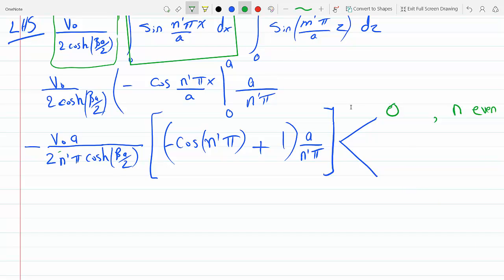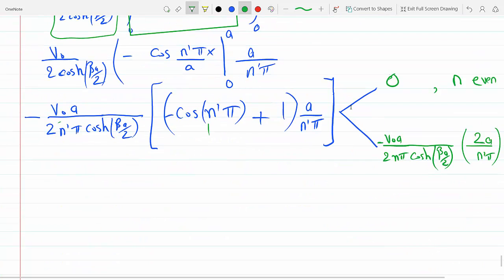If n is odd, we will get minus v0 a over 2 n pi cosine hyperbolic beta a over 2. And if n is odd, this will become minus 1, and there's a minus, so this becomes 1. So this is times 2a over n prime pi. On the second one, I will get 2a over m prime pi.